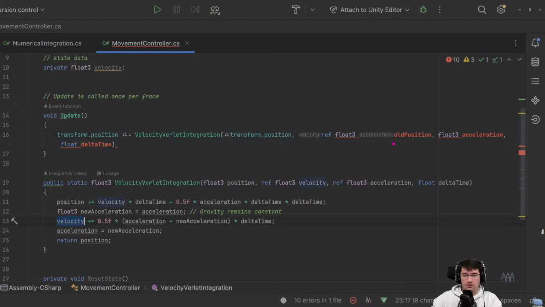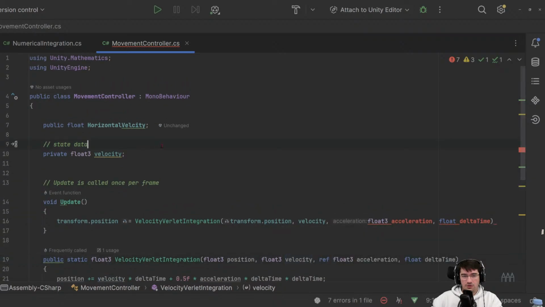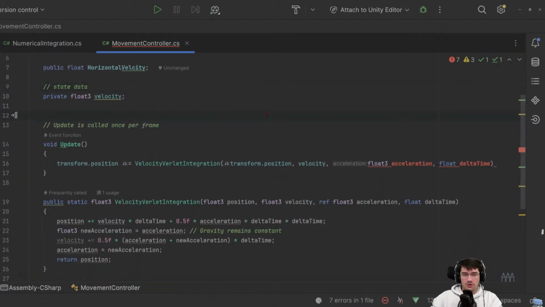So actually velocity doesn't really need to be a ref in that case, because it's a state variable, but yes, we can. It's probably cleaner to make it explicit that they are not the same thing. So let's call this one underscore velocity.